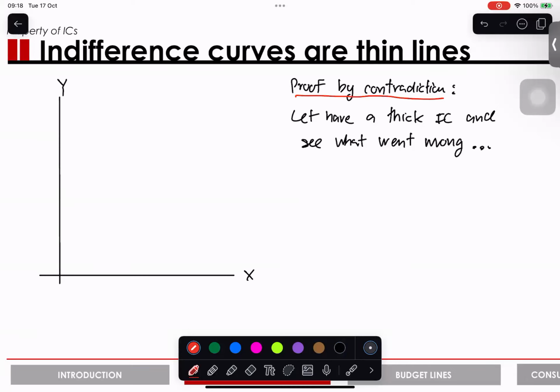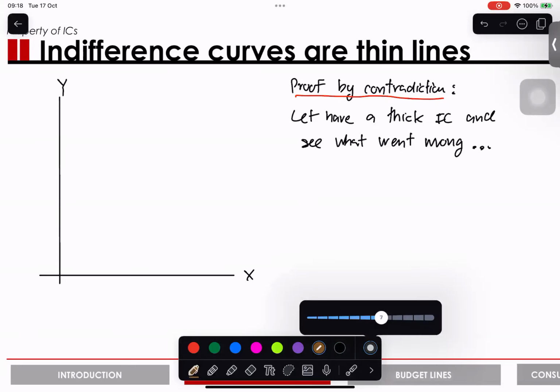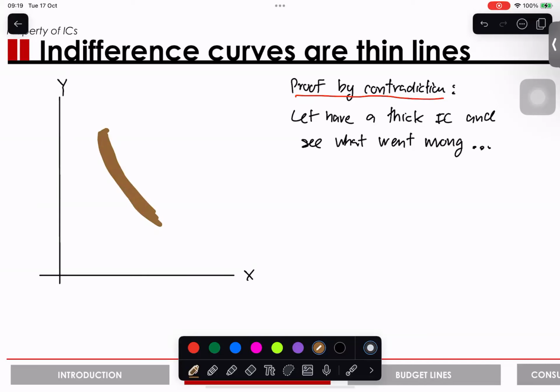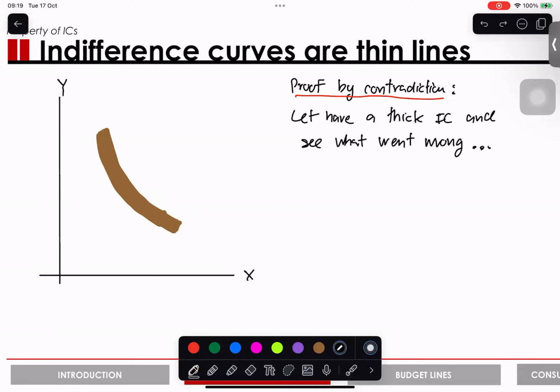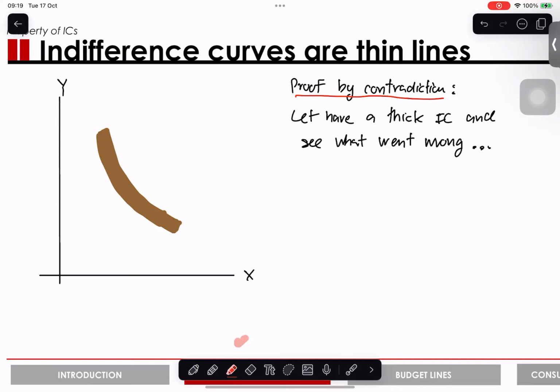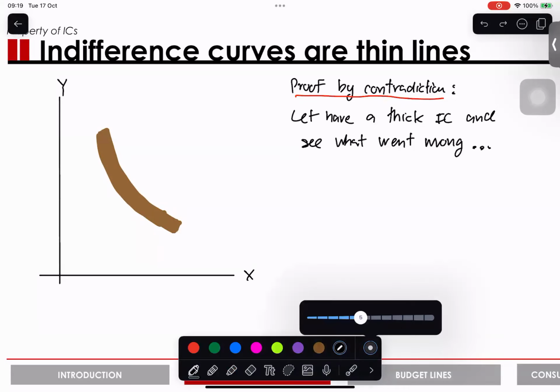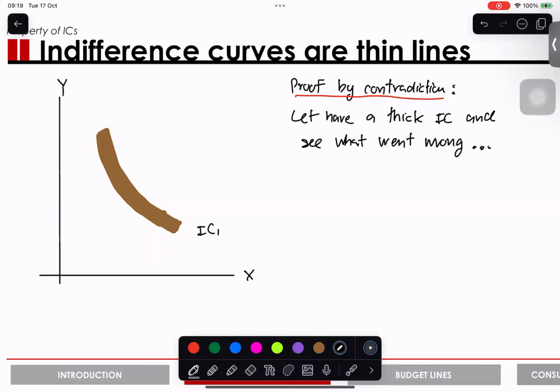Let's have a thick one. Okay, we generate a thick IC.